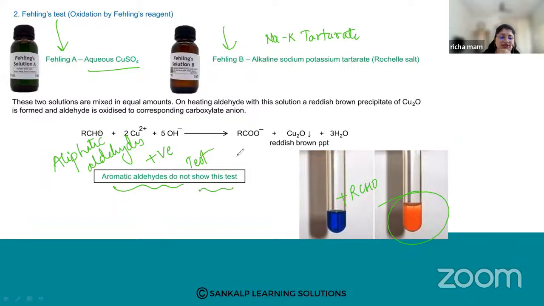They do not show this test. Both Tollens reagent and Fehling's solution give a distinguishing test between aldehydes and ketones, so they can be distinguished well. Is it clear? So these are the two important tests for aldehydes, the Tollens test and Fehling's solution. Both these tests are important. Is it clear?